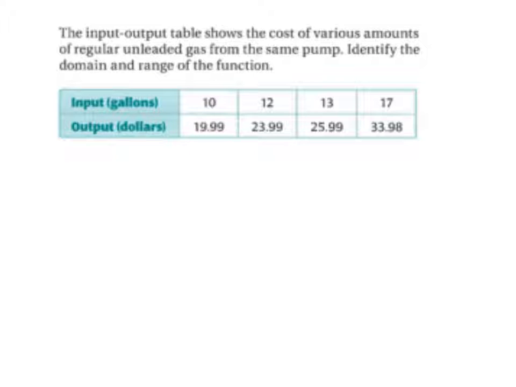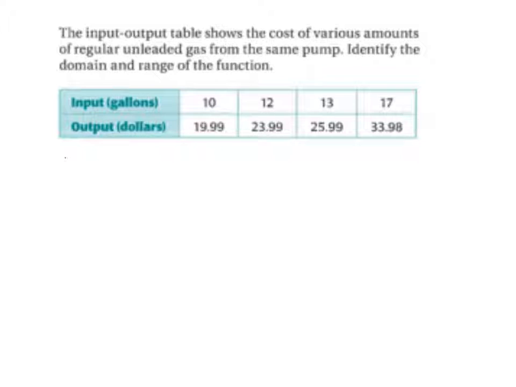Now notice how we have a group of inputs, that's the domain. We have a group of outputs, that's the range, and notice how each input gives us exactly one output. Right? We don't have any input giving us two different outputs, because then that wouldn't be a function.